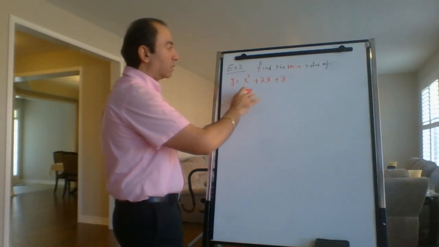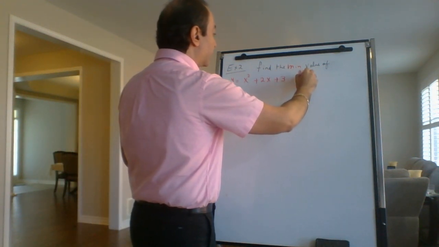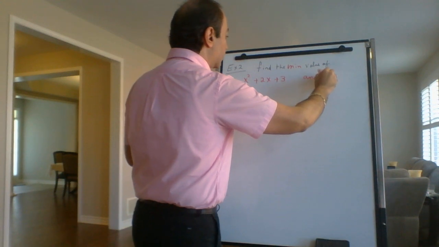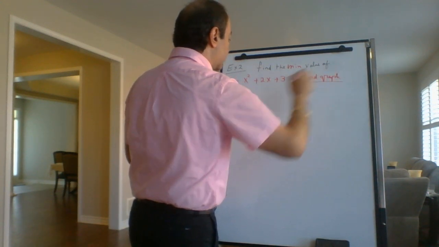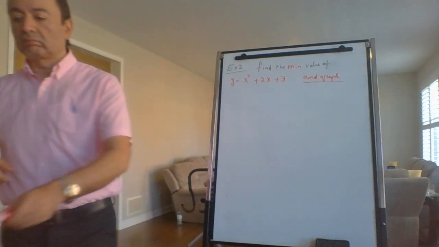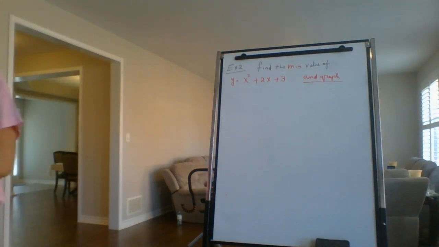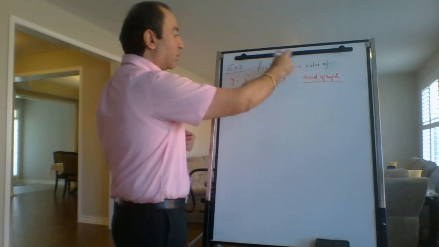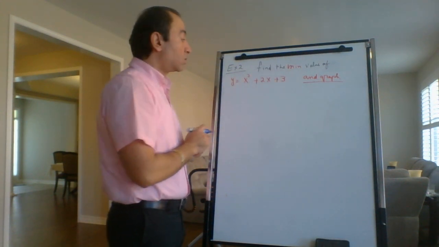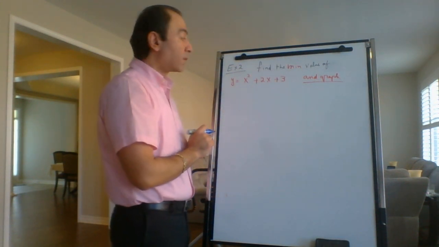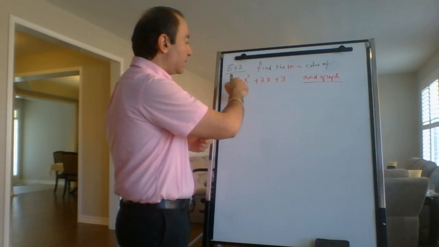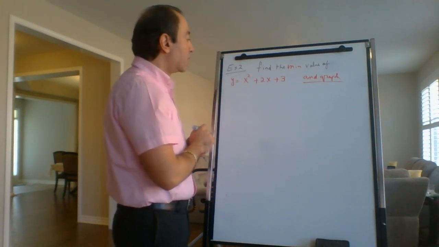I want to find the minimum value and graph this. So this is a quadratic in standard form. Minimum or maximum means I need to have the vertex form. This will have a minimum because A is positive.